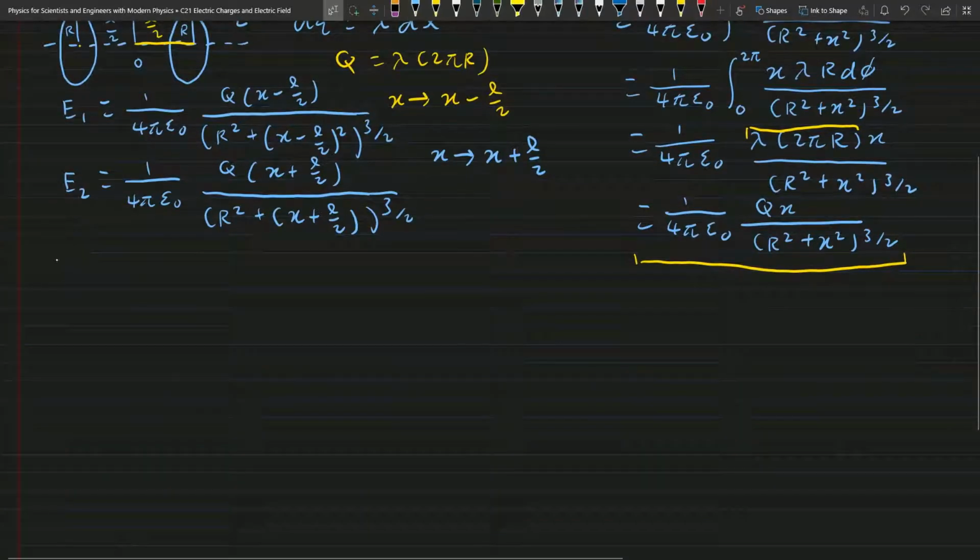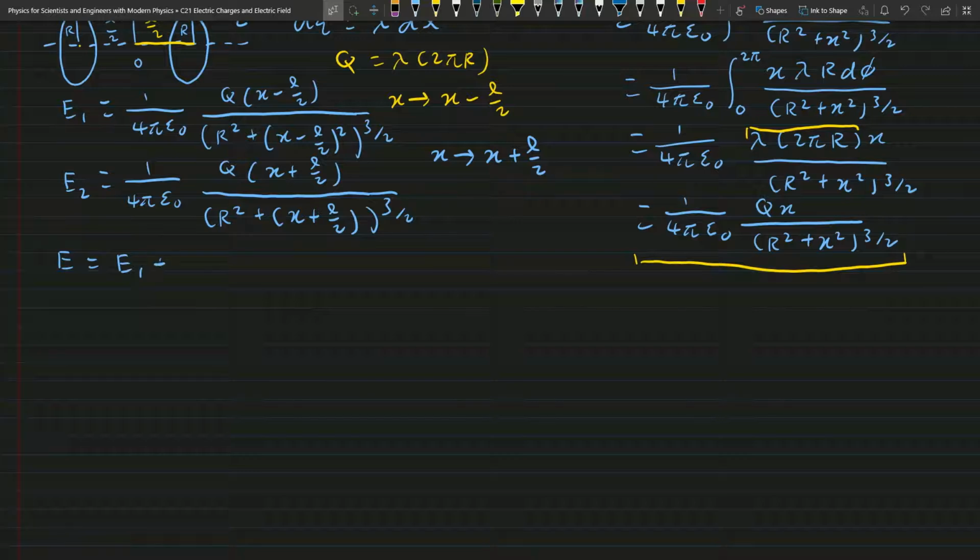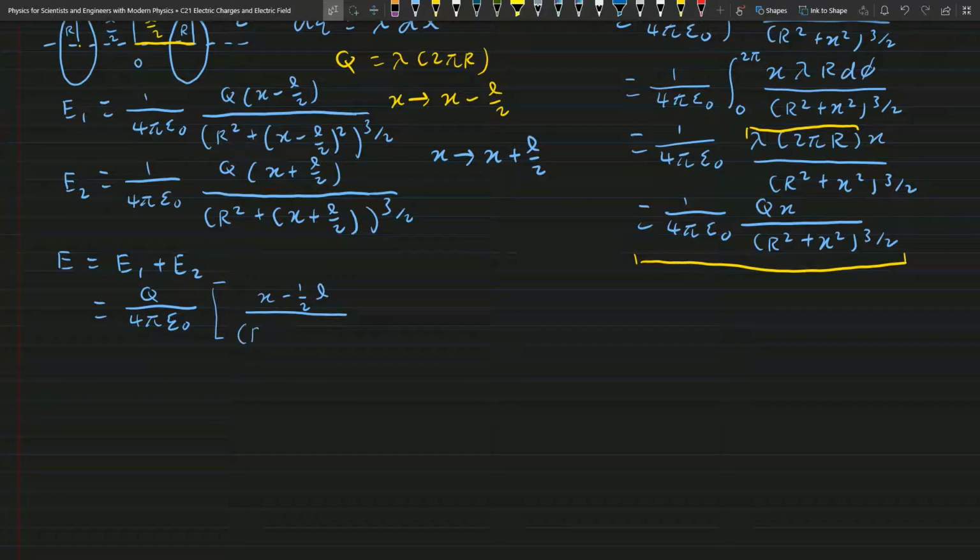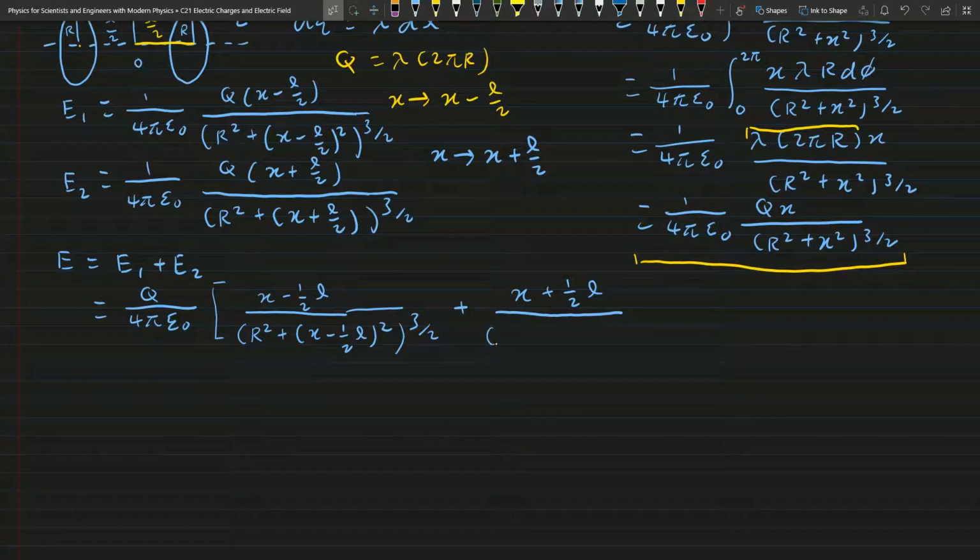Now, how about the net electric field? This is E1 plus E2, and we can write this as Q over 4 pi epsilon naught, times the whole thing: (x minus 1/2 L) over (R squared plus (x minus 1/2 L) squared) to the 3 over 2, plus (x plus 1/2 L) over (R squared plus (x plus 1/2 L) squared) to the 3 over 2.